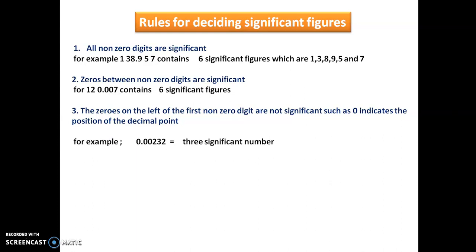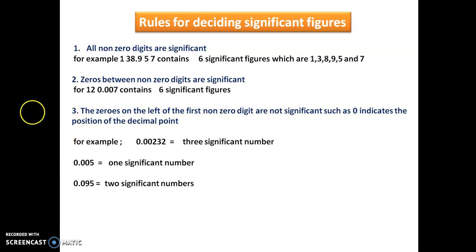For example, 0.00232, in that we have to consider only three significant numbers, that is 2, 3 and 2. Second example, 0.005, in that only one significant number is there, that is 5. Next example is 0.095, in that two significant numbers, that is 9 and 5.